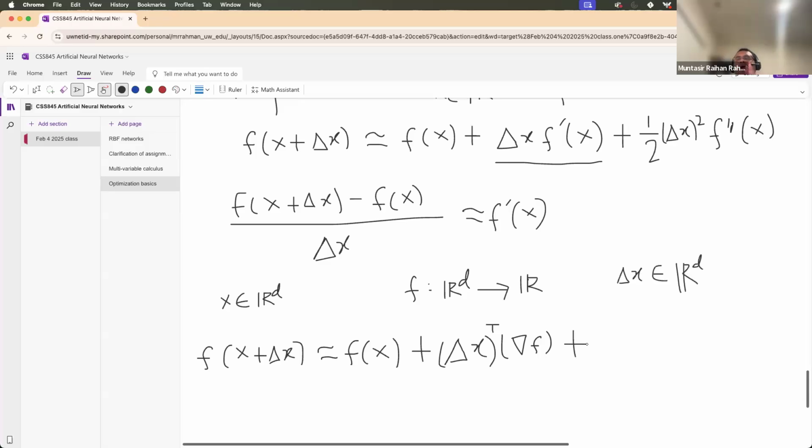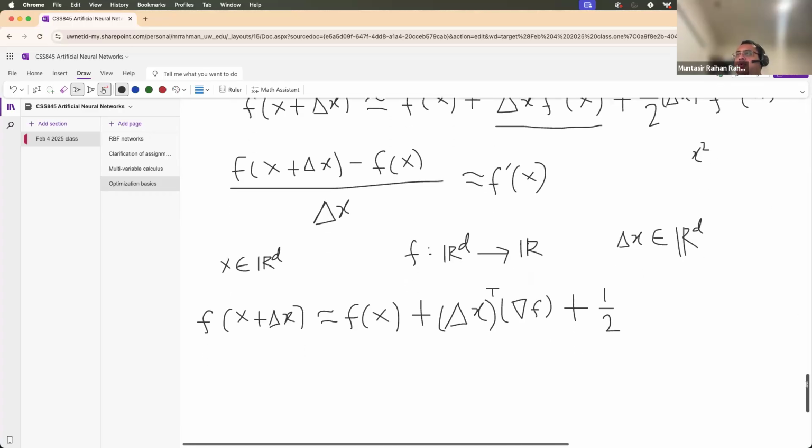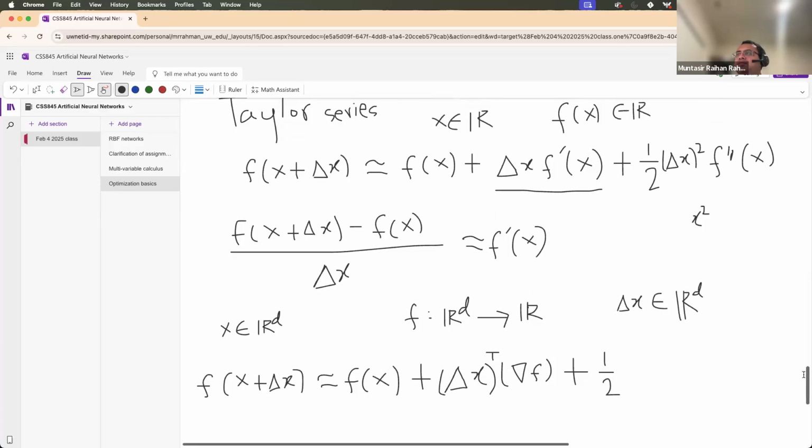And now let's look at the next term. The next term I have is 1 by 2, and you can think of this as an x squared term. When x is a vector, what is the corresponding square term?